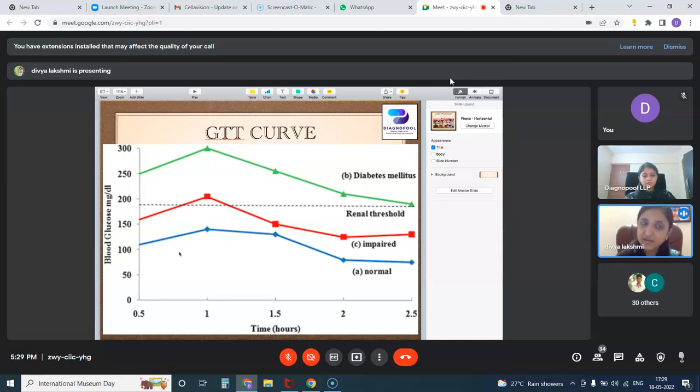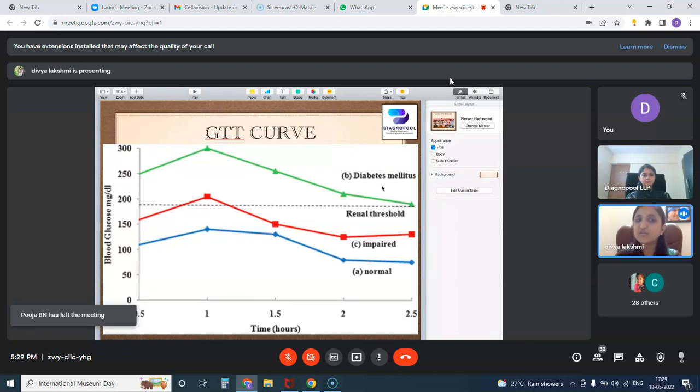But in a diabetic patient, immediately after giving glucose solution, within half an hour, the values will increase up to 250 milligram per deciliter and can go up to 300, but will never come below 200. Even when you check at the second hour and third hour sample, the values will not come below 200. Those individuals we term as diabetes patients.